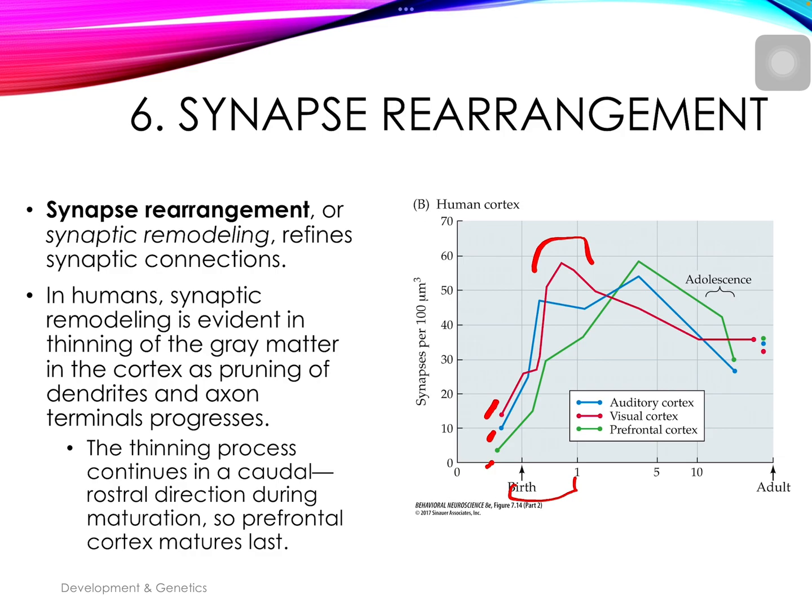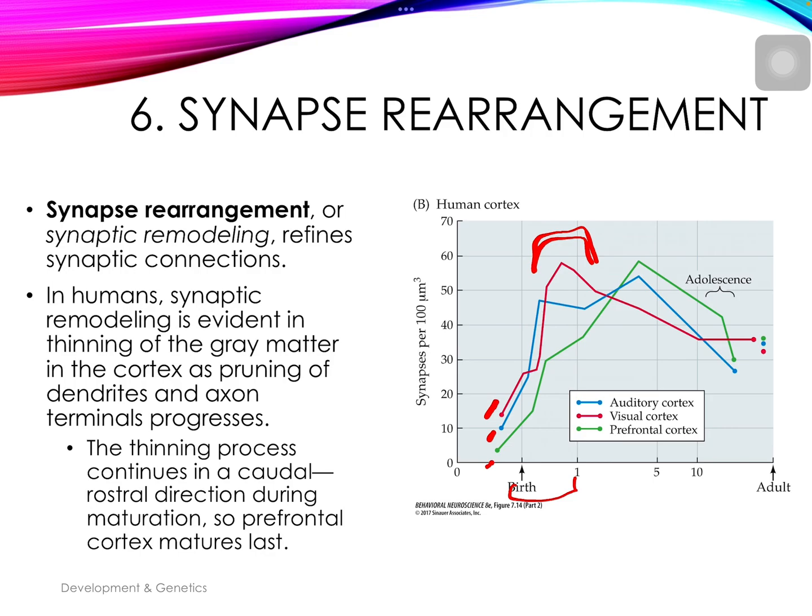And we know that experience is very important to maintain these synapses. Because if you don't allow yourself to be in an enriched environment, or if you don't expose an infant to much stimulation, then those synapses aren't going to fire, and essentially they're going to die off. So enriching environments are really important for the first year of life.